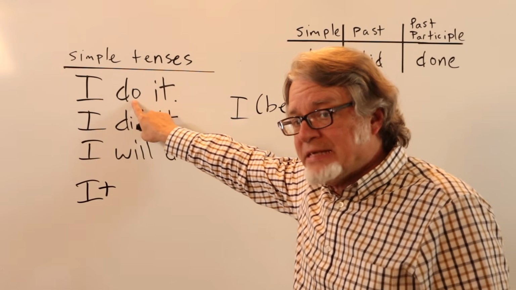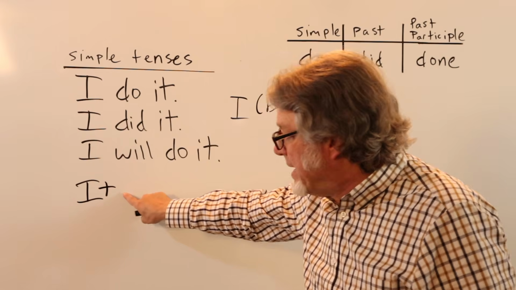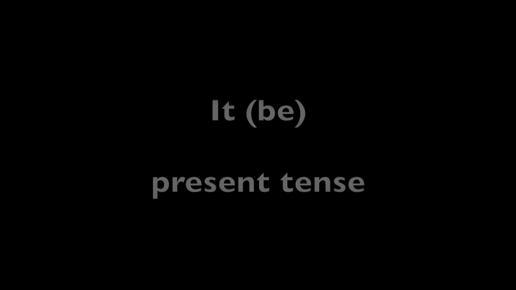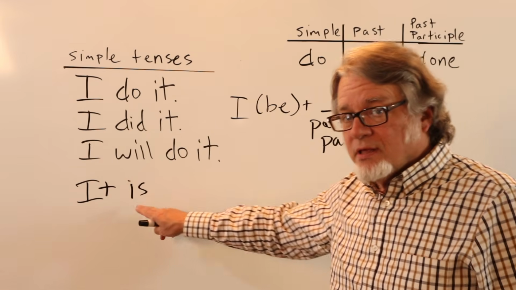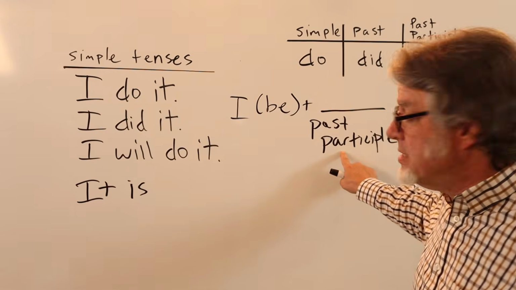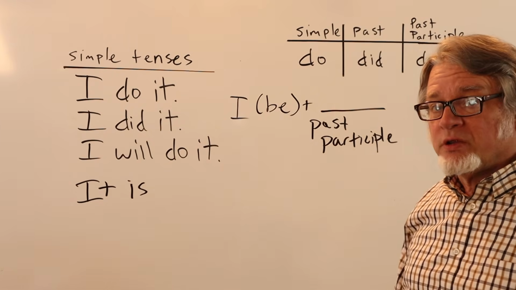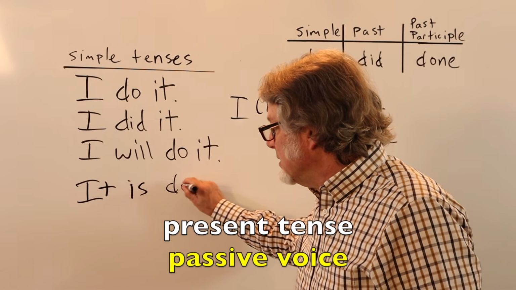This is in the present tense. What is the verb be in the present tense after it? It is, and then we just need the past participle after the verb be, and we know that the past participle is done. It is done.